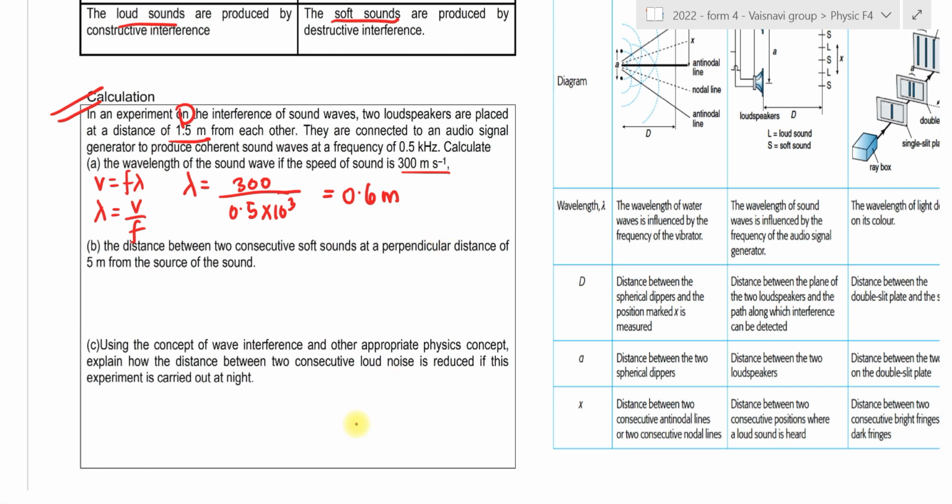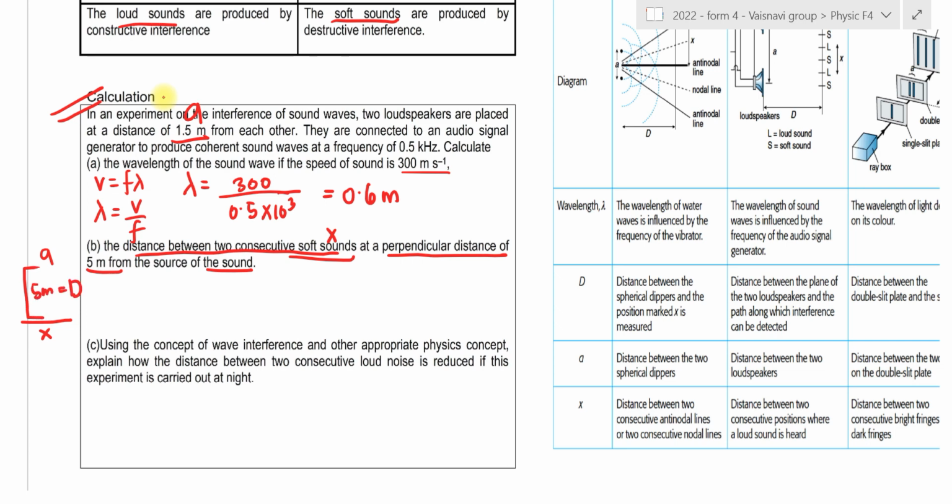Okay, the distance between the two consecutive soft sound at a perpendicular distance of 5 meter from the source of the sound. Tadi saya cakap silap. Yang tu bukan D. Yang tu distance between two loudspeaker is A. Sekarang dia tanya distance between two consecutive soft sound X. Maksudnya di sini A kamu, di sini X kamu diambil, jarak perpendicular dia adalah 5 meter.